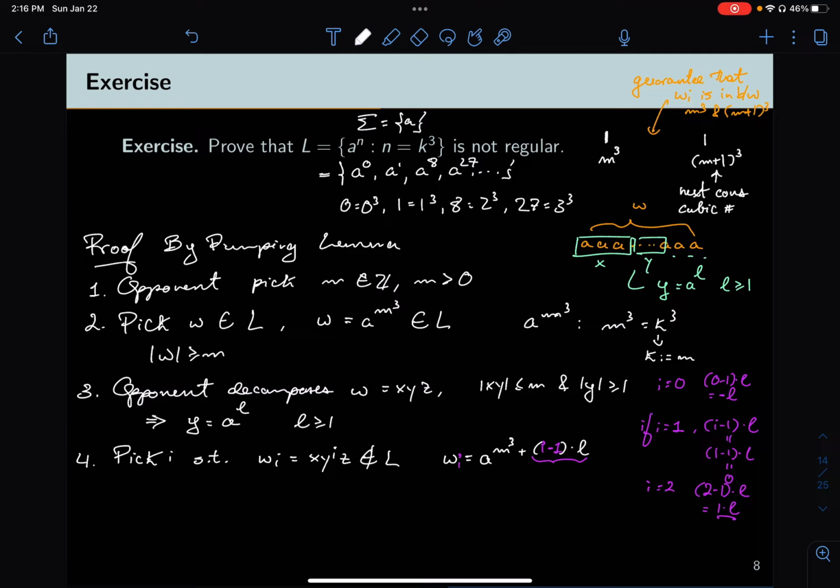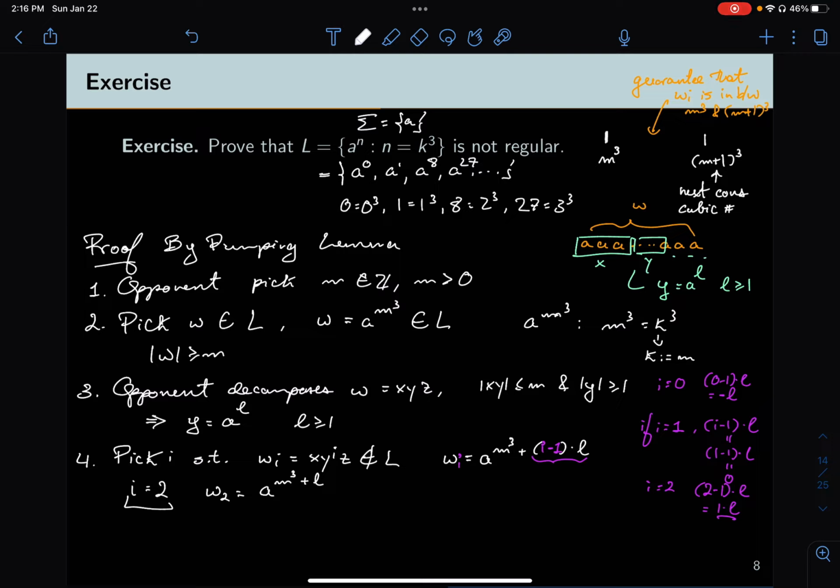And so that's the idea we're going to use in this case. The i that we're going to pick is actually relatively simple. It's just going to be 2. So I set i equal to 2, and that means w_2 is equal to a^(m cubed plus L).